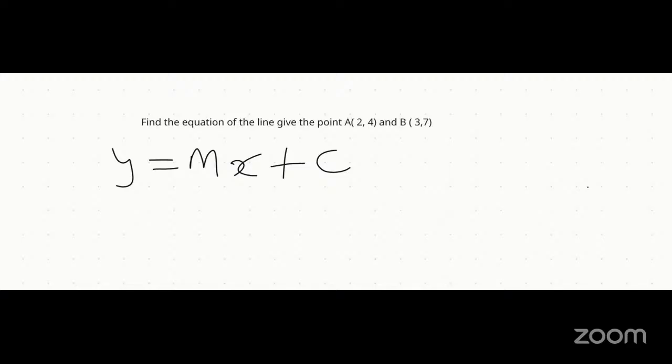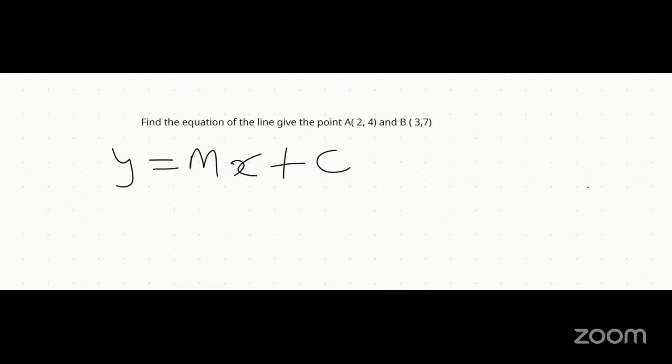So let's use A and let's find our c. First of all, what does M represent? The slope. Very good. Now, do we know what our gradient is? Were we given the gradient in the question? No. So we have to find our gradient.